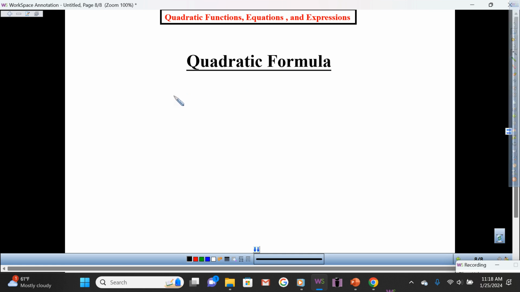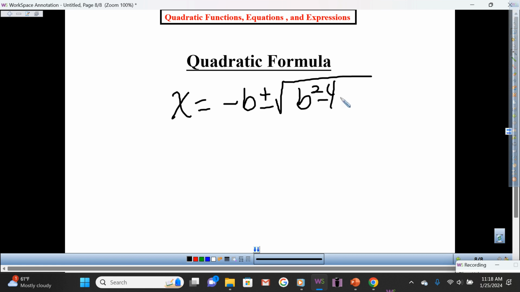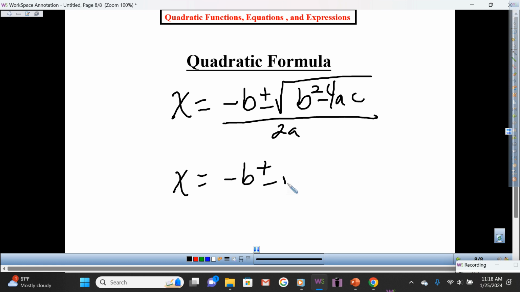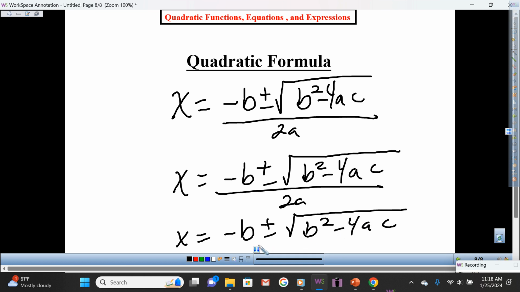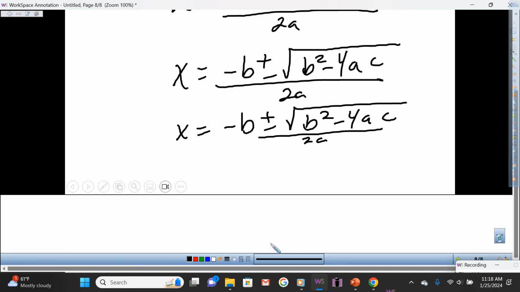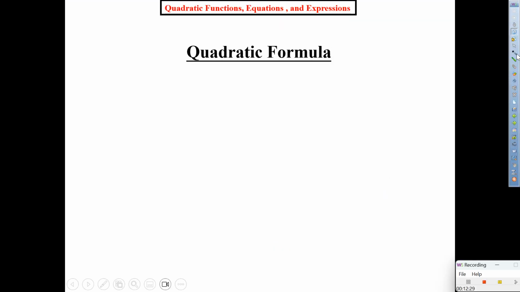Quadratic formula: x equals minus b plus minus square root b squared minus 4ac over 2a. We got it?